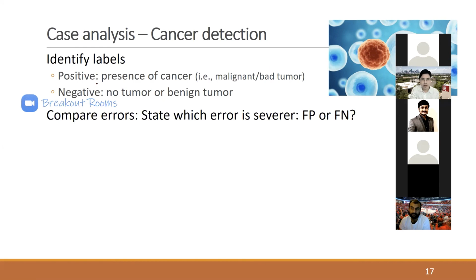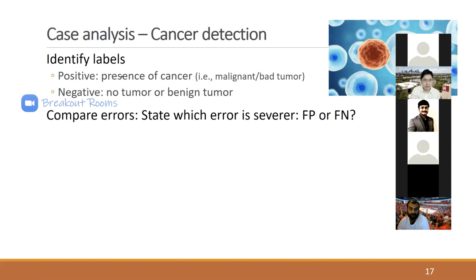So out of abundant testing, the percentage of positive cases are very rare or very small, but not completely negligible. Positive cases arise when there is an actual cancer tumor, right? But the percentage is very low.